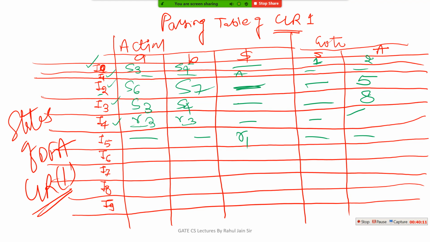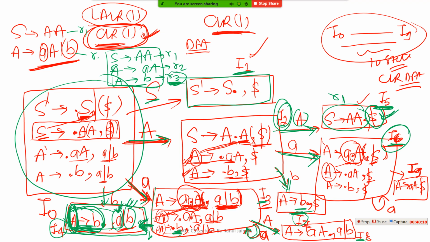Now I have done I4 and I5. Now I need to discuss I6. Where is I6? This is my I6. In I6, I have one transition on small a. On small a, I have a self transition, that is, I am shifting to itself.